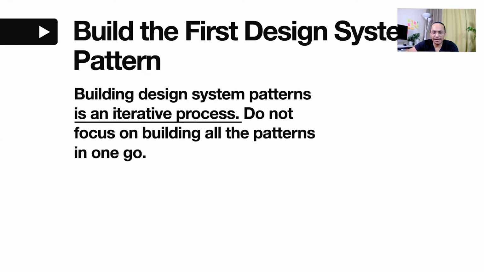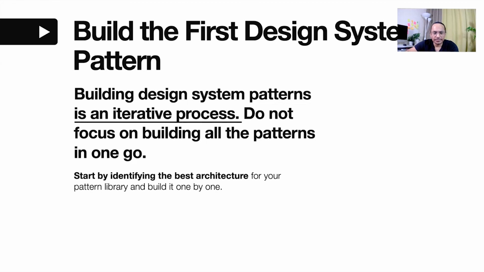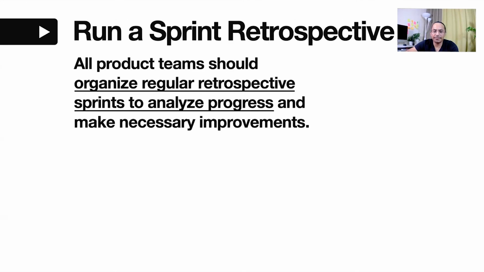Okay, and once you have this, it doesn't mean that that's the final one. Building a design system is an iterative process. You might have to change a lot of things, as and when you're designing or working on new screens. So when you're building the design system, you should start by identifying the best architecture for your pattern library and build it one by one. And then once you have something, run a sprint retrospective.